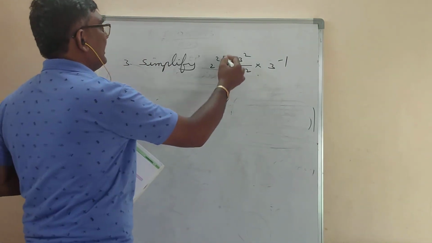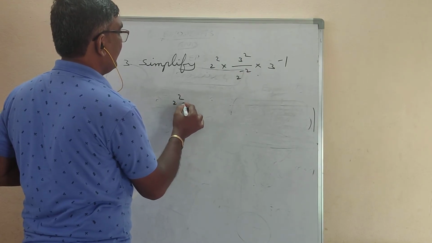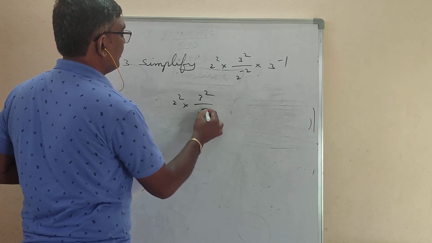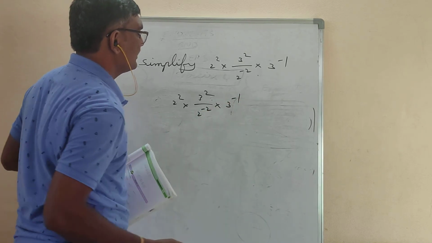So don't cancel here and here. First write 2 square into 3 square by 2 power minus 2 into 3 power minus 1.